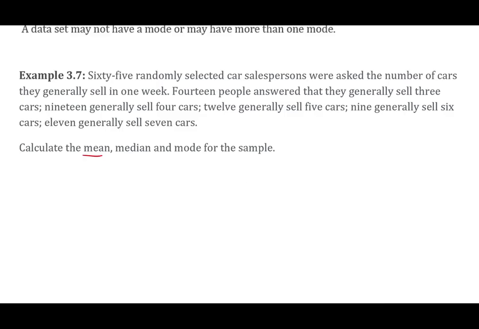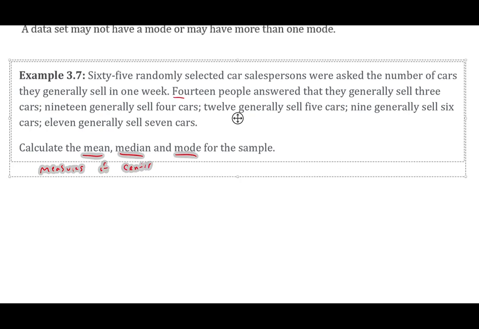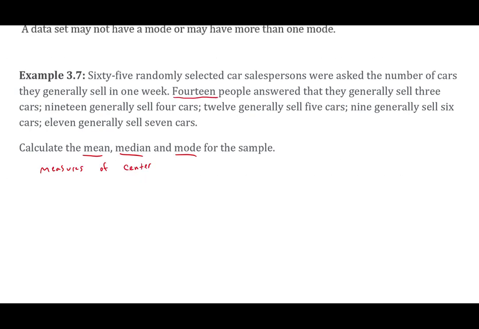So again, mean, median, and mode are the measures of central tendency, or measures of center. In order to calculate them for this example, we're going to have to do a little bit of work. We're told that 14 people answered that they generally sell 3 cars.